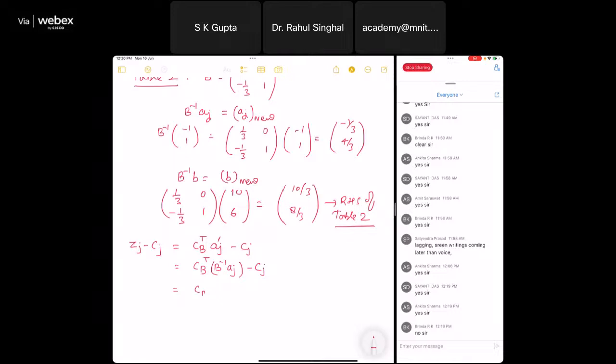So CB B inverse Aj minus Cj is what we use to find Zj minus Cj of any table. These Aj are from the original problem, these Cj are from the original problem, this CB is the cost of basic variables, and this B inverse is from that table for which we want to compute Zj minus Cj.